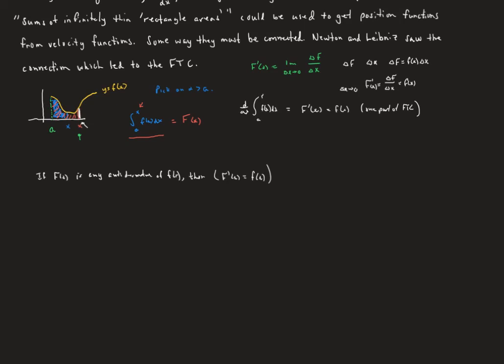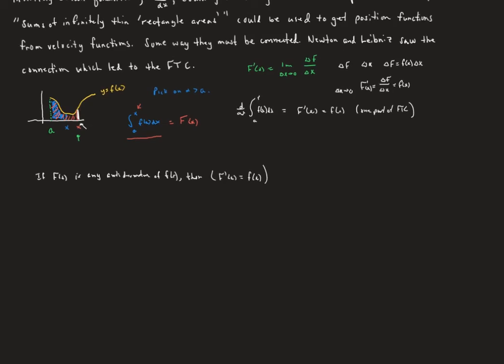Well, we know then also, whoops, there's my left hand touching where I don't want it to, let me bring my pen back up, then we know that the integral from a to x of little f of x dx must be capital F of x plus some constant.